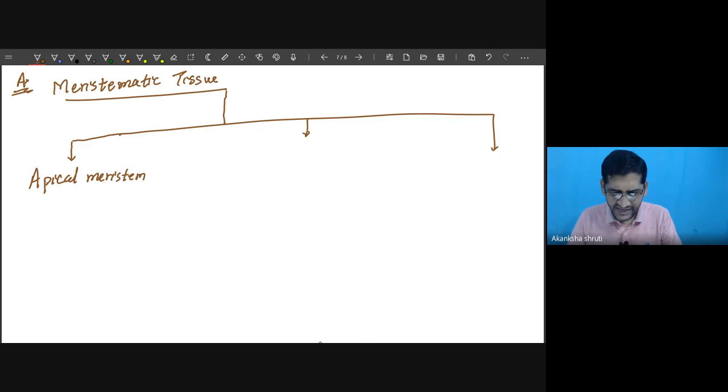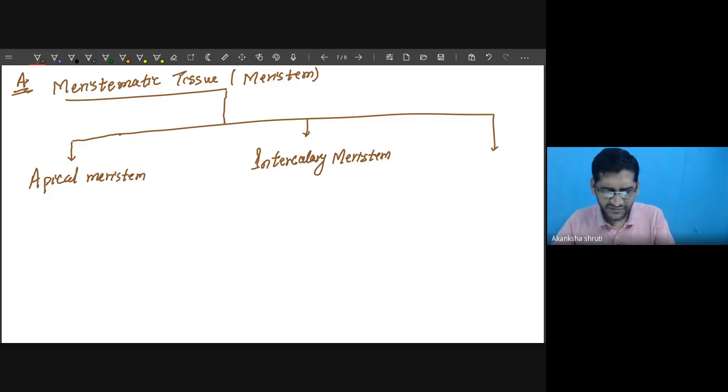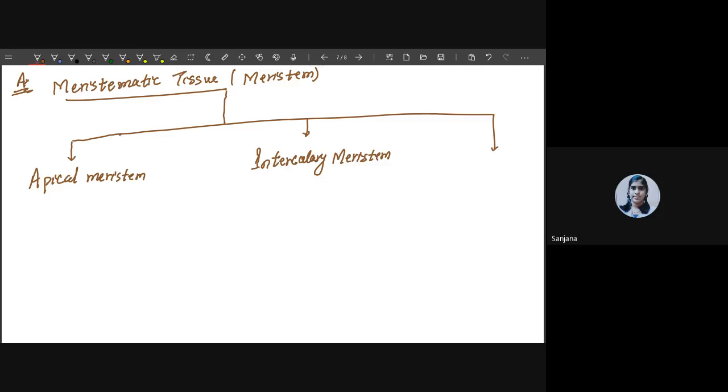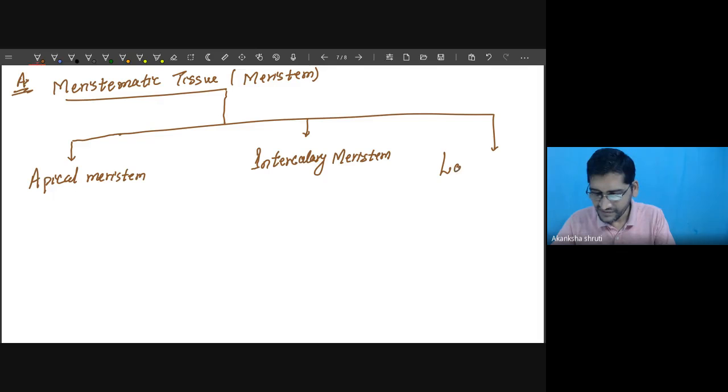The next one is intercalary meristem, or meristematic tissue. Whether you write meristematic tissue or meristem, they mean the same thing. Okay, students? And the last one is called lateral meristem.